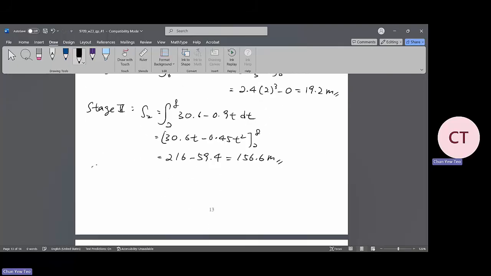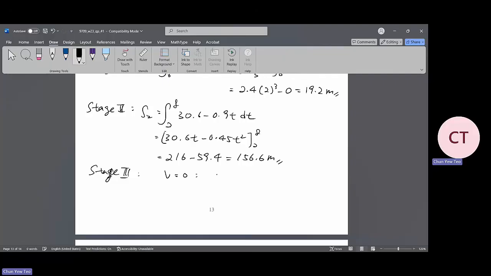And then stage 3, S3 is equal to integrate from 8 until, till where? So stage 3 has a problem. We need to make v equal to 0.